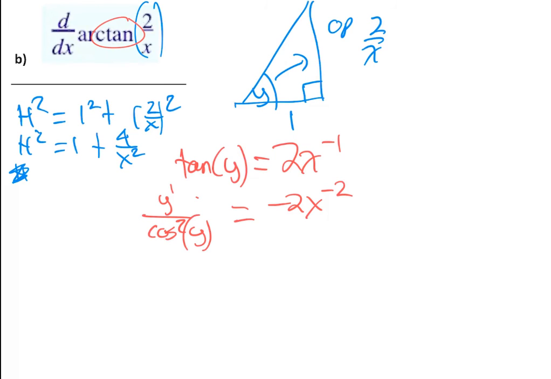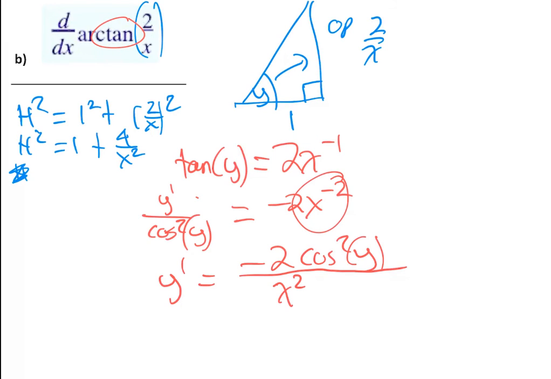Now what do I need to do? Well, I need to multiply both sides by cos squared y. Y prime will equal negative 2 cos squared y, but I'm going to write that x to the negative 2 in the correct place, which is in the bottom. Okay. Now what I need to do is figure out what cos squared of y is worth. Well, we know over here that cos is adjacent over hypotenuse.